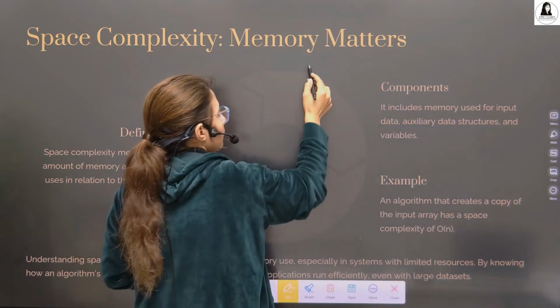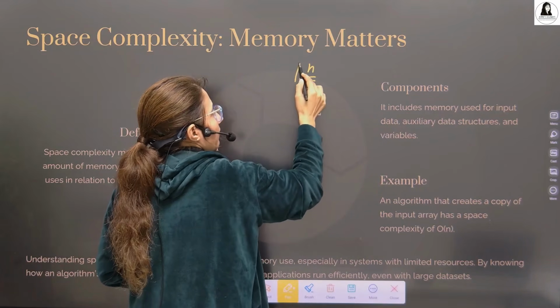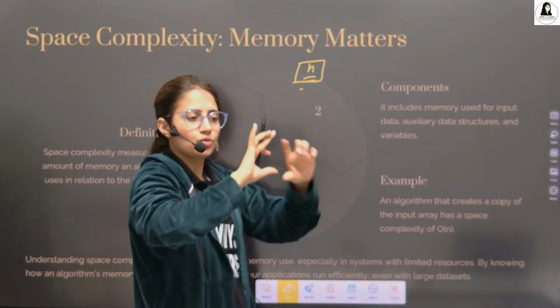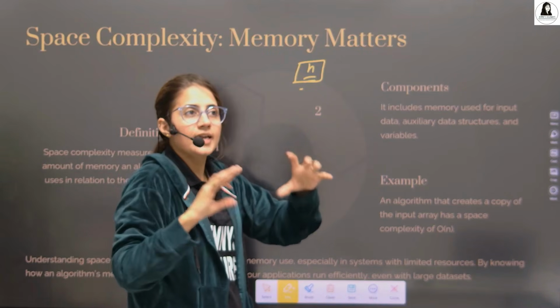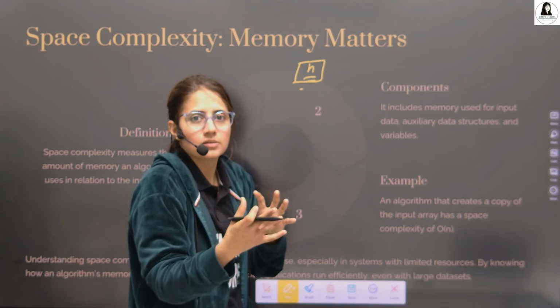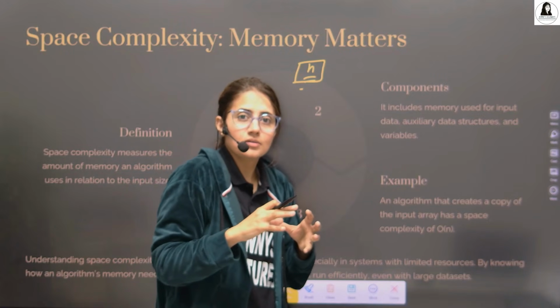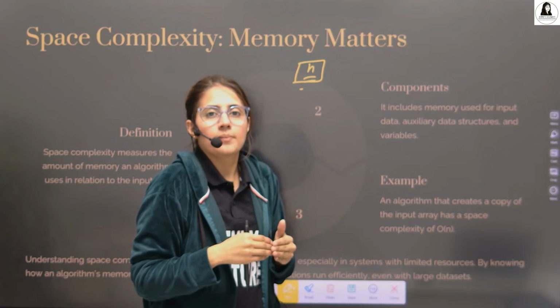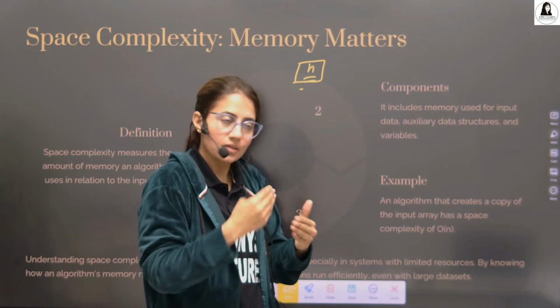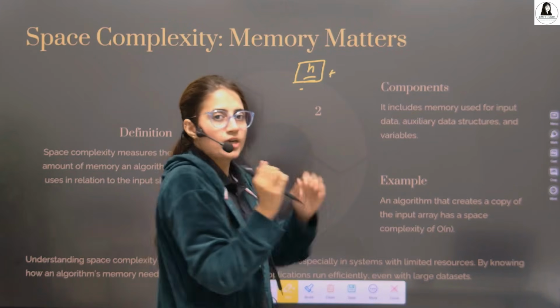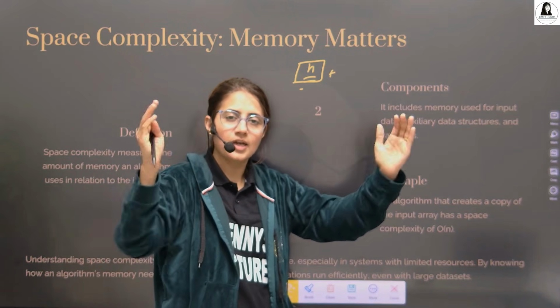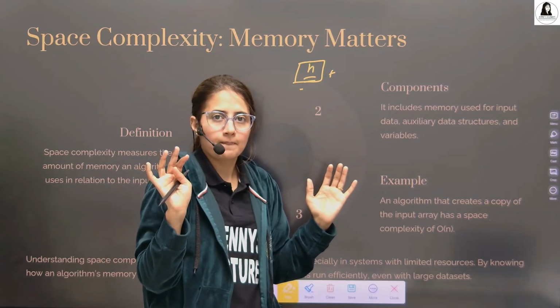Obviously, in memory, for storing those n elements we take some space. Next is auxiliary space. That is extra or temporary space required during execution of that program. If required, that will also be added. So fixed space plus auxiliary space, that is space complexity.